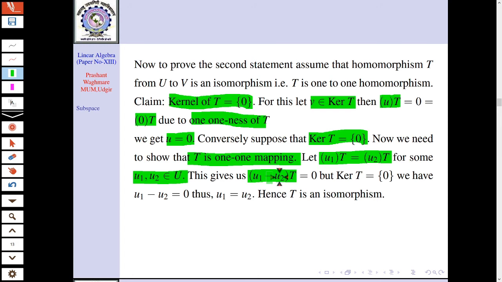So I will get T of u1 minus u2 equals 0. By this equation, u1 minus u2 is in the kernel, but the kernel of T contains only the singleton 0. Thus u1 minus u2 has to be equal to 0. So you can write u1 equal to u2. That means we have proved that if two elements have the same images, then both elements should be the same. Hence T becomes 1-1. That means T is an isomorphism, right?